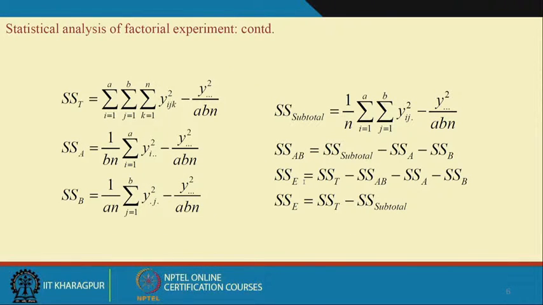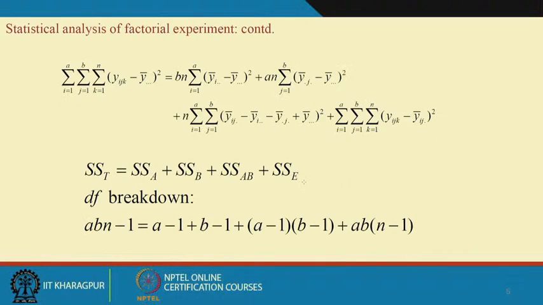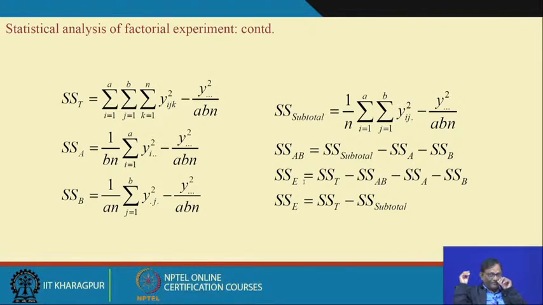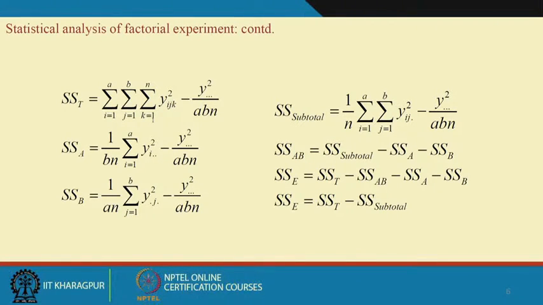Now, we will use some other formulas for ease of computation, because you will see that this formula is complicated and laborious. Here are the formulas, from the manual computation point of view as well as the general computation point of view. SST can be the sum of squares of all observations minus the correction factor, y_... squared by abn.